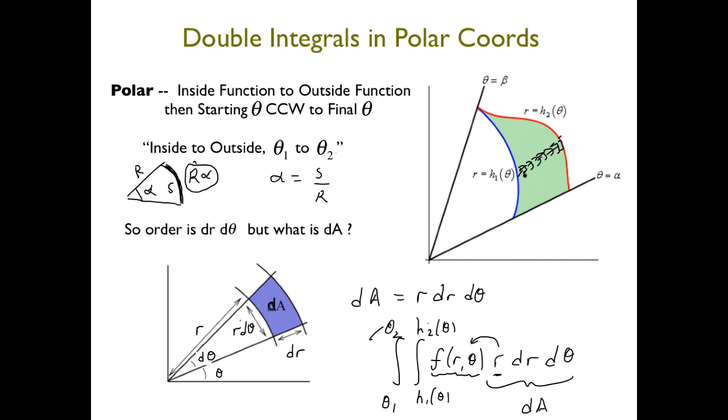This dimension of this dA right here is a lot smaller than that dimension of this dA up here. So for a given theta, dA depends on how far you are from the pole. That's why that r is there. Is that better? Okay, so that's part of the dA. But then that r is a changing quantity that multiplies into our function of r and theta.